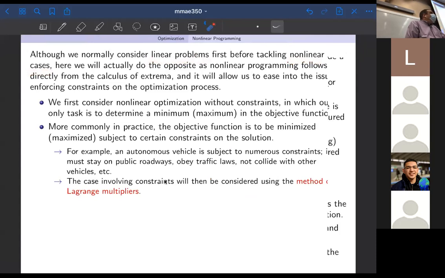There is no such thing as linear problems without constraints because, as I said, you have to have a constraint, otherwise things go to infinity or negative infinity. Having said that, we're going to be looking for minimums, or in some cases maximums, of our objective function or functions, which are functions of one or more variables. But to start with, they're going to be nonlinear functions.